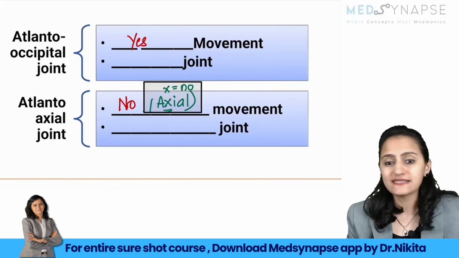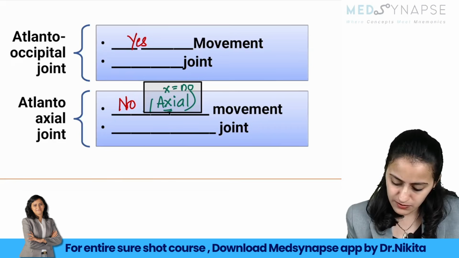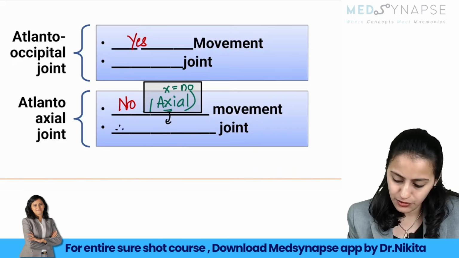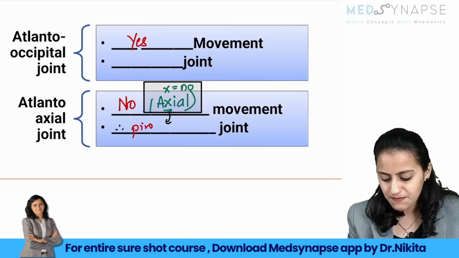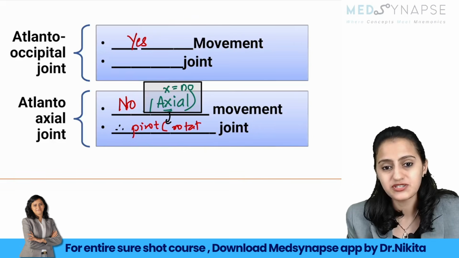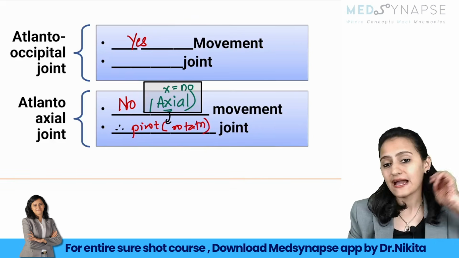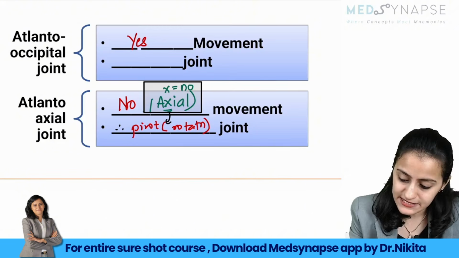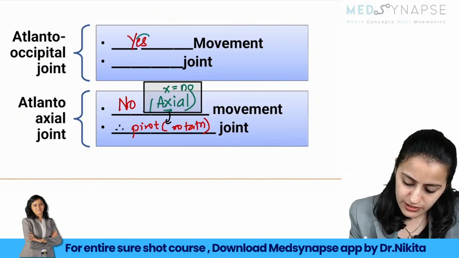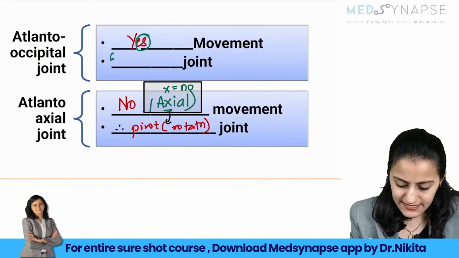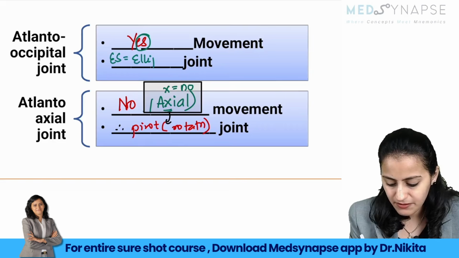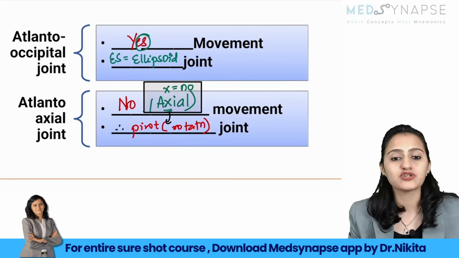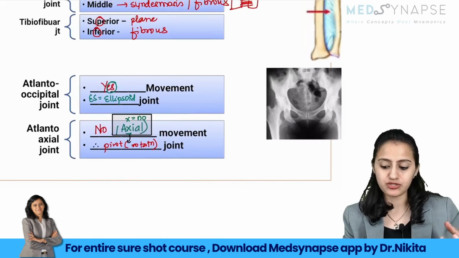When it's a no movement, it's a rotational movement, and that is why this is a pivot joint. At atlanto-occipital, it is yes. What kind of joint is this? Yes is ES, that means ellipsoid joint.